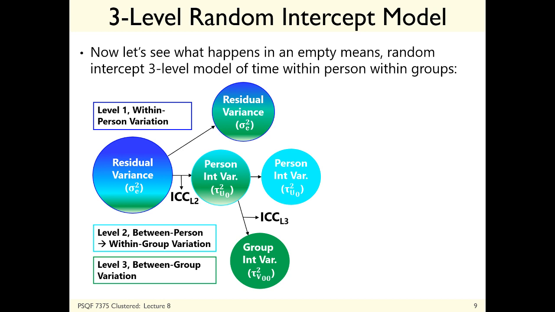So in this type of design, if I have time within person, within group, the level 2 ICC tells me how much is between person and above, tells me how much is cross-sectional. How much is not time? Of that cross-sectional not time between person variance, how much is between groups?